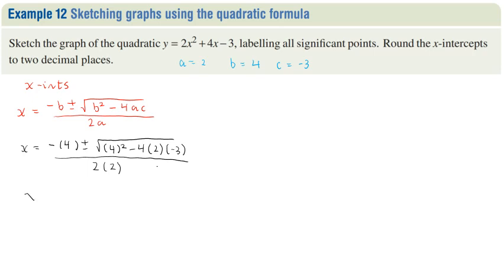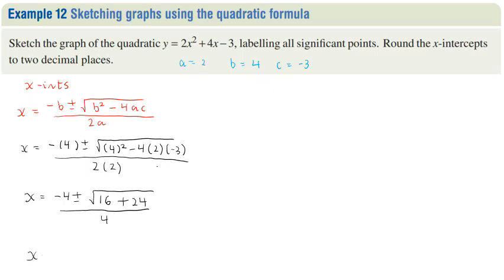So I've got negative 4 plus minus, then 4 squared, which is 16, and then negative 4 times 2, which is 8, and then times negative 3. So negative 8 times negative 3, that's positive 24, over 2 times 2, which is 4.